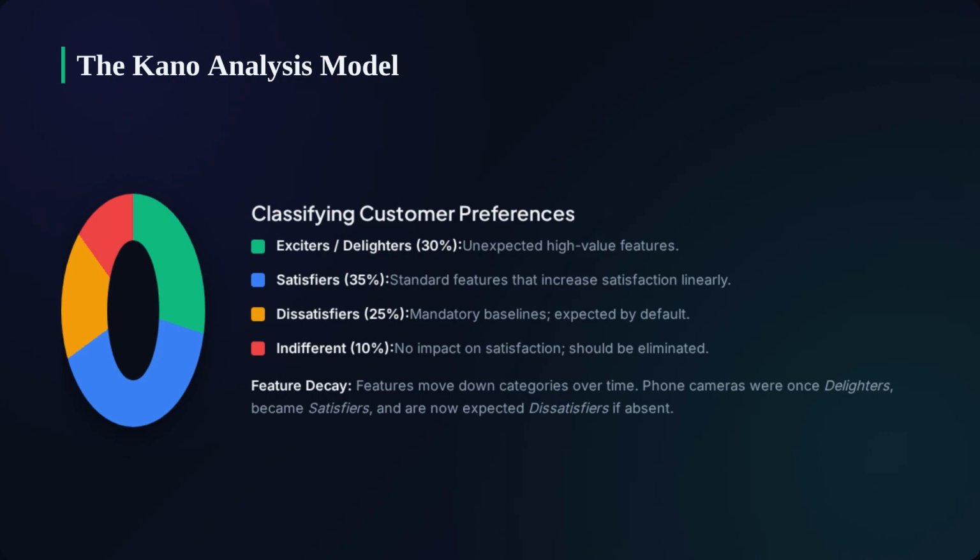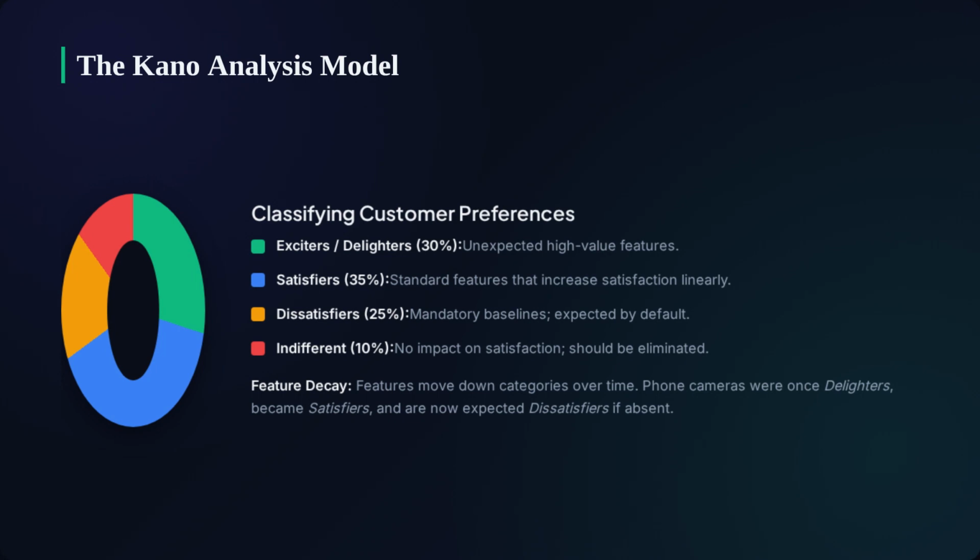Next, we have the legendary Kano analysis model created by Noriaki Kano. It classifies features based on customer preferences. First, exciters or delighters: unexpected premium features that wow the users. Satisfiers: standard features that increase satisfaction linearly.